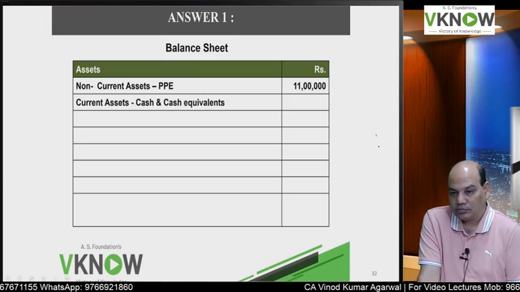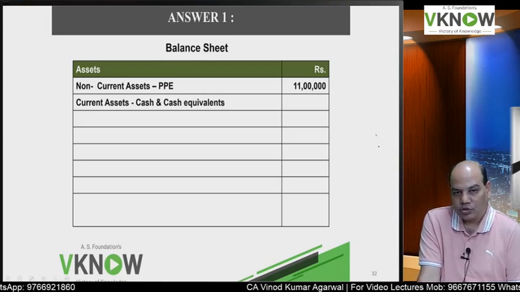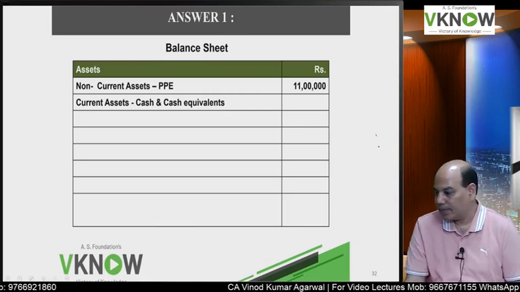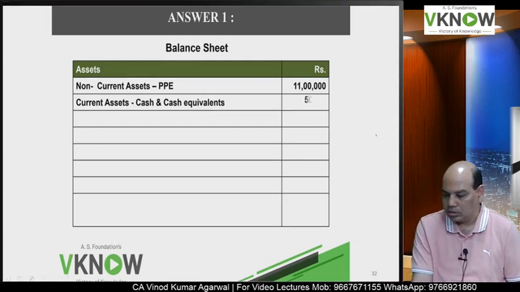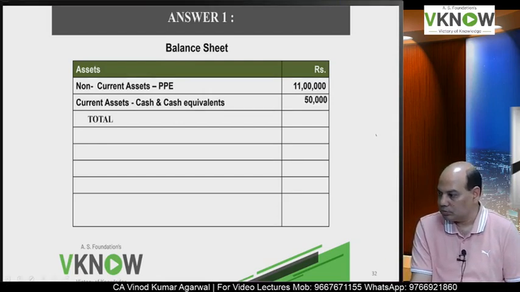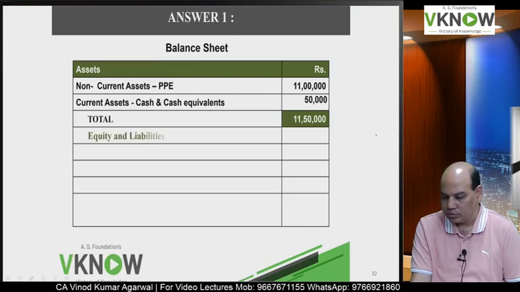Current asset, cash and cash equivalent will be how much? 50,000. Total 11,50,000. This is your asset side.